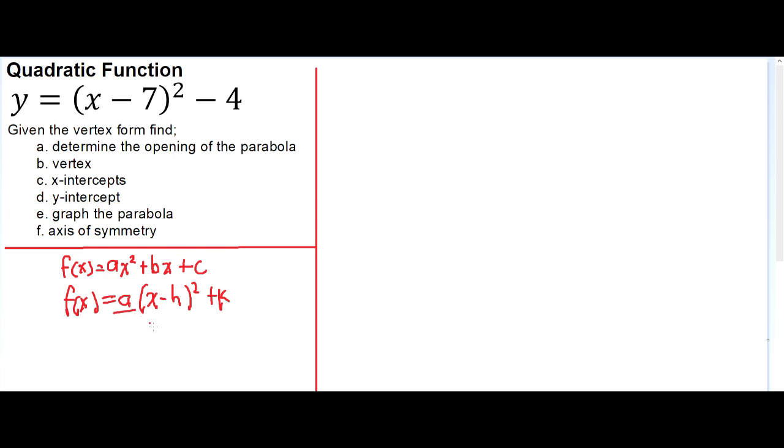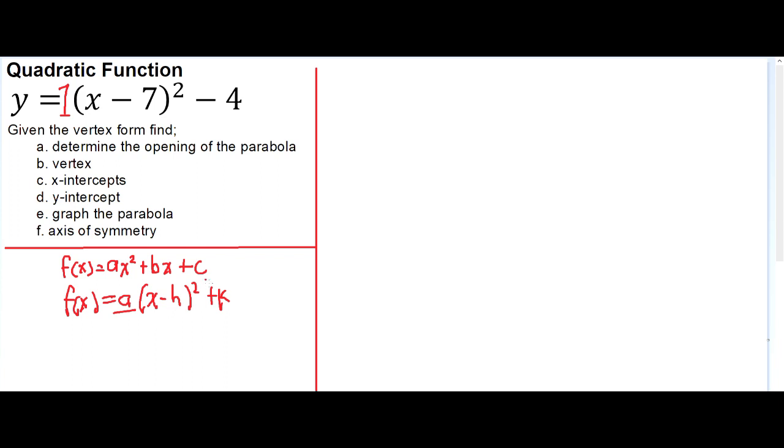Dito sa given natin na to, ang letter A mo dito is automatic 1. Hindi porket walang number dyan is wala talagang number dyan. Ang pwede mong ilagay ng number dyan is 1. Sabi dun sa module nyo, if the value of A is positive, the graph opens upwards. If A is negative, the graph opens downwards.